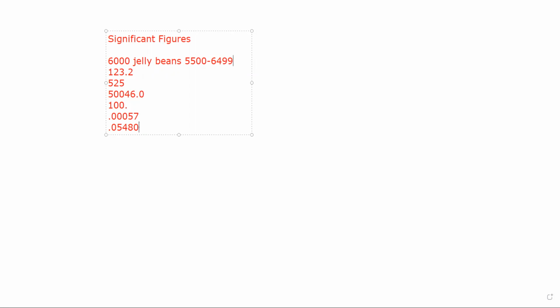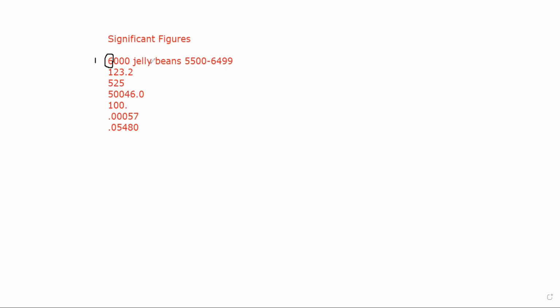And so those last 3 numbers are all going to be an estimate. So actually what we're going to do is we're going to circle the significant. So the 6 is the only significant figure here. So we only have 1.